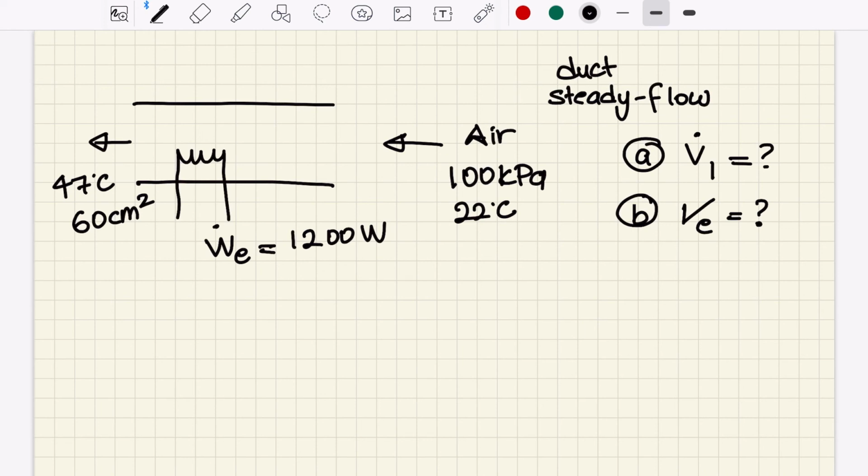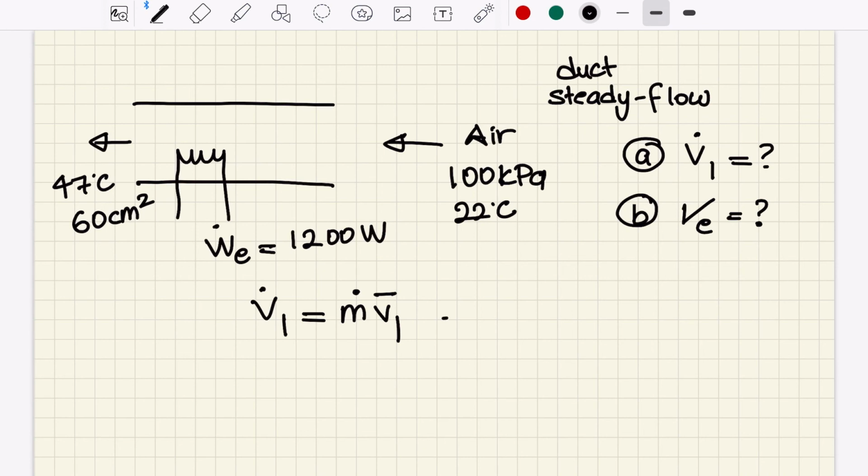So how can we figure out volumetric flow rate at the inlet? Okay. So there is one equation. If we want to calculate the volumetric flow rate, we can multiply mass flow rate with specific volume.